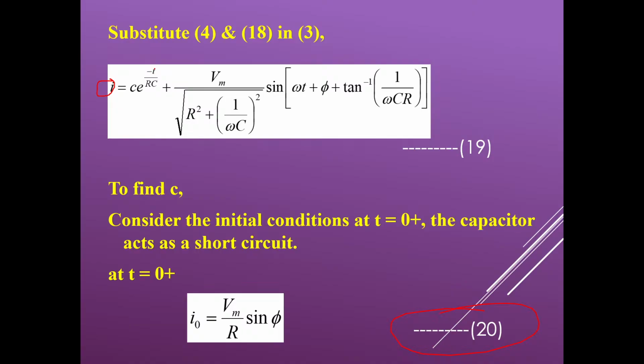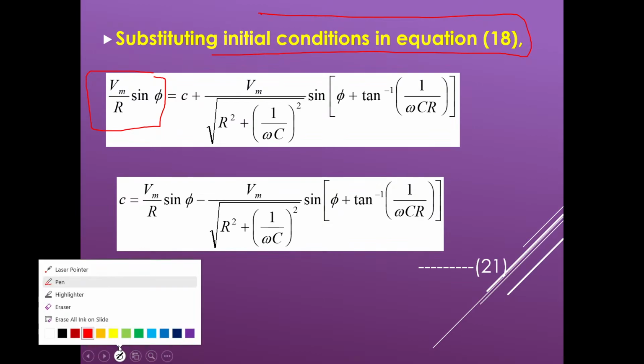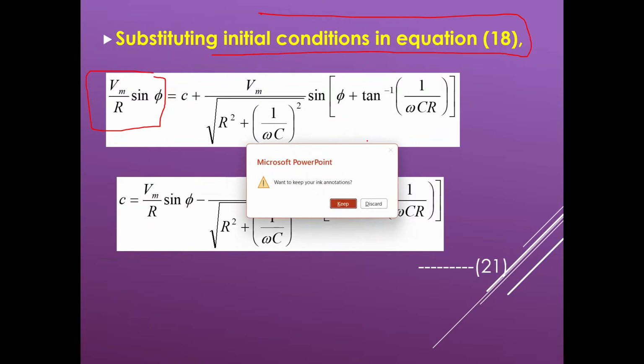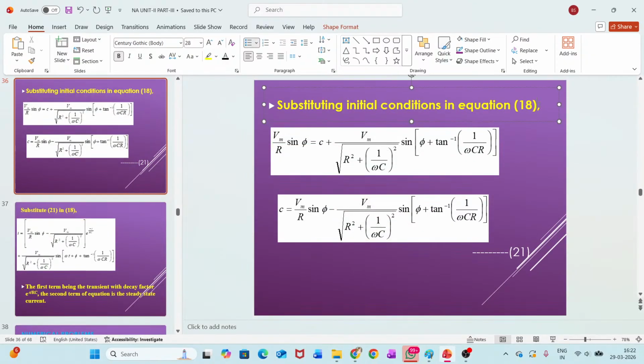Here I have substituted 0, and e to the power of 0 is 1. Here t also I have substituted 0, so this is 0, sin(phi plus tan inverse of 1 by omega C R). So simply, considering I naught and t equal to 0, you will get this expression.